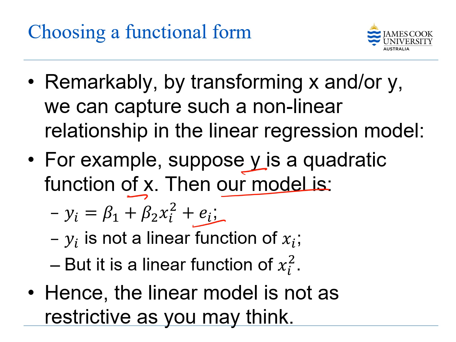Now yi is no longer a linear function of xi, but yi is a linear function of xi squared. So we can think that xi squared is a new explanatory variable. I hope you see that the linear model is not as restrictive as you may think. We can capture this nonlinearity in our linear framework.